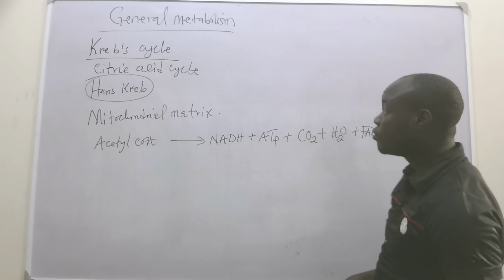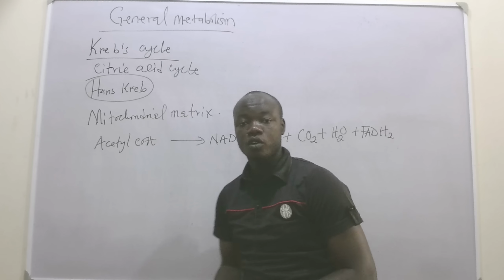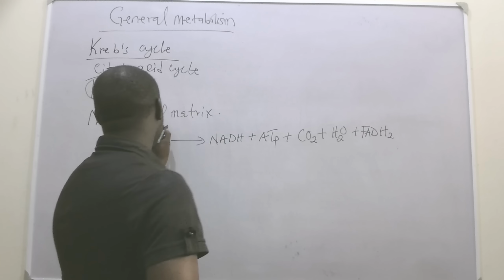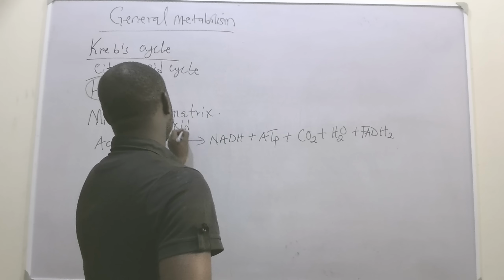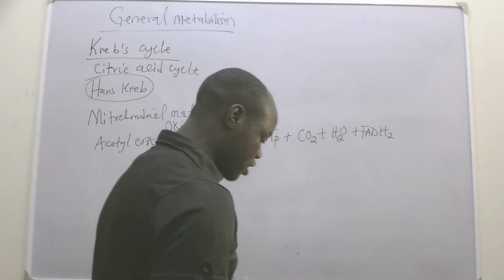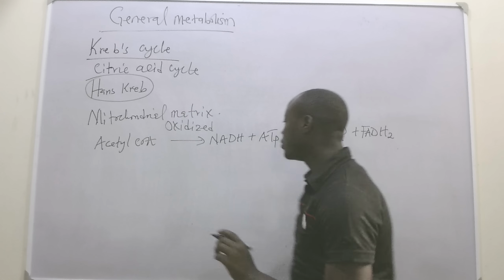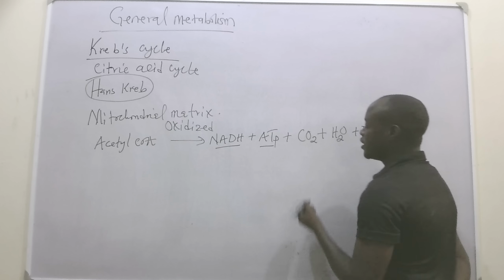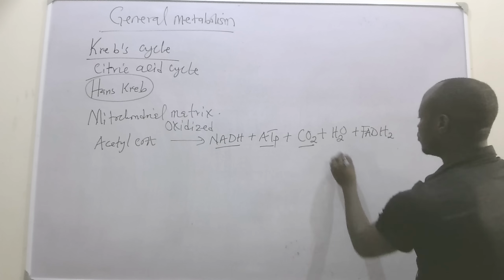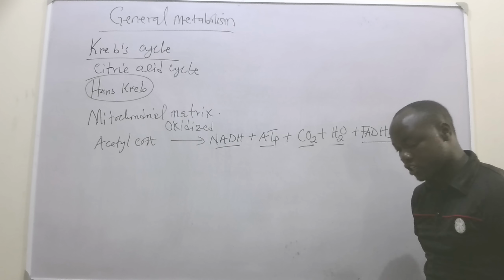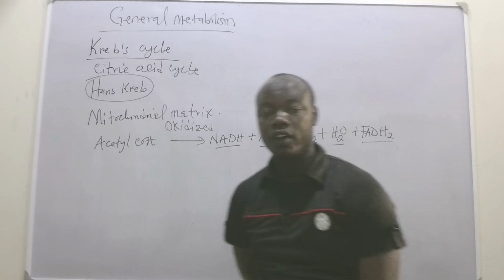So at the end of the citric acid cycle, we expect that the acetyl-CoA is oxidized to generate major products, and these include NADH, ATP, CO2, water molecules, and FADH2.